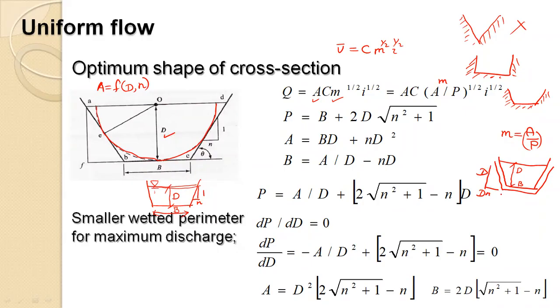So the diagonal length, which represents the side slope, will be the square root of dn to the power of 2 plus d to the power of 2. Then you can take d out, and you get d square root of n squared plus 1, and since there are 2 sides, you have to multiply it by 2. So the wetted perimeter is now b plus 2 into d square root of n squared plus 1.